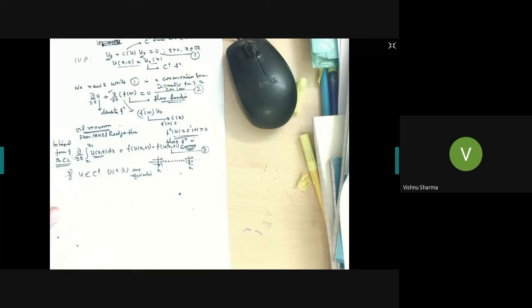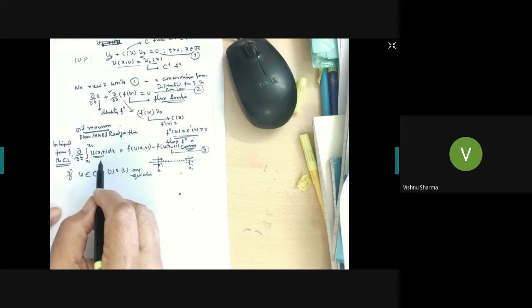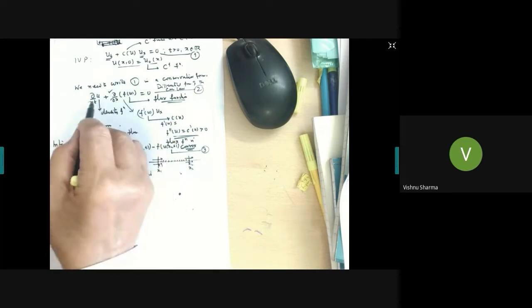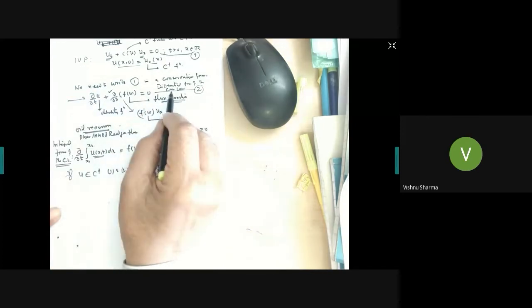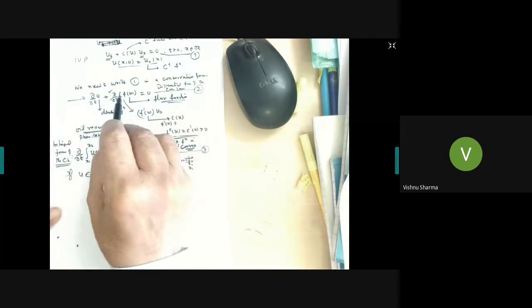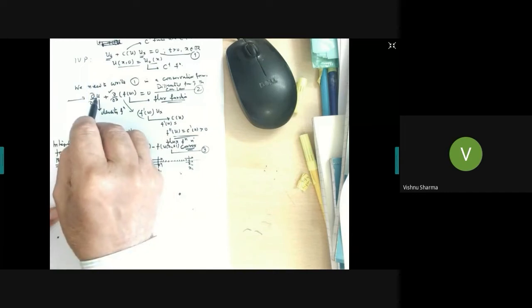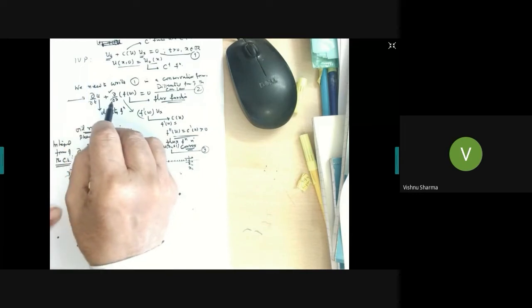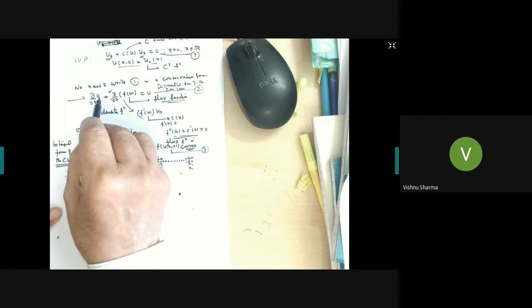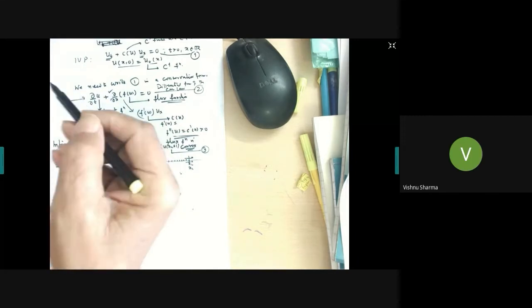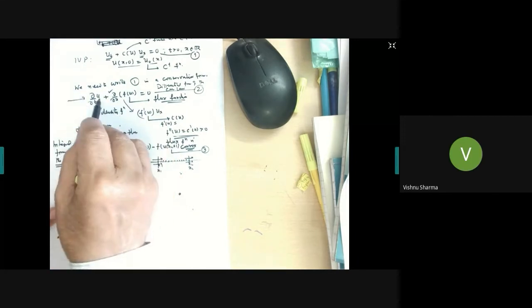But let me tell you that this is more general as compared to this, in the sense that the differential form of the conservation law is quite meaningful as long as u is of class C1, but it is meaningless for functions which are not differentiable. And much less, there is no meaning attached to it if they are discontinuous.